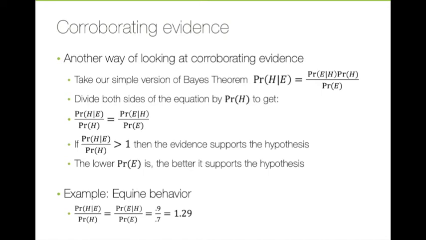Here's another way we can look at showing that evidence corroborates a hypothesis. Take our simple version of Bayes' theorem. Again, we're using this evidential interpretation.